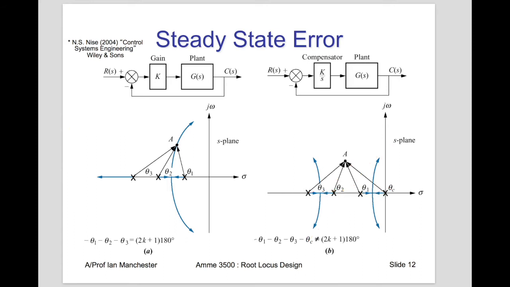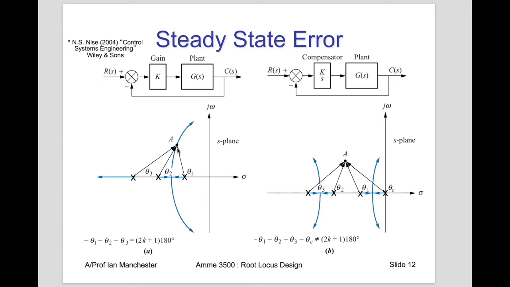Well, let's recall that the path of the root locus is actually defined by summing up the angular contributions, so all of these angles here, say theta 1, theta 2, theta 3, and these should all equal some odd multiple of 180 degrees. We're adding angles from zeros, which in this case there aren't any yet, and subtracting angles from poles.